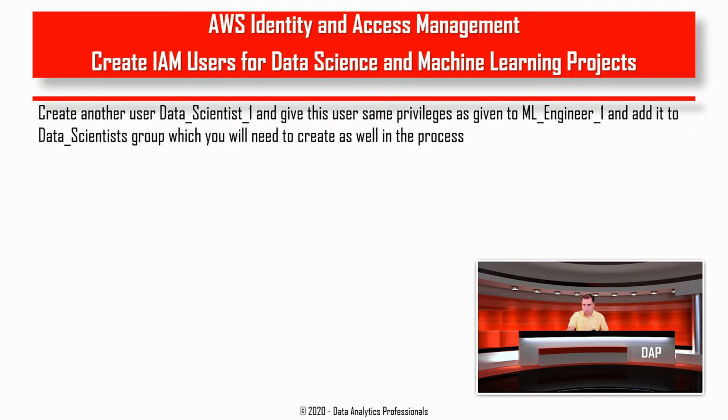Then give this user the same privileges as you have given to ml_engineer_1, and add it to the data scientists group, which you will need to create as well in the process. That's simple.